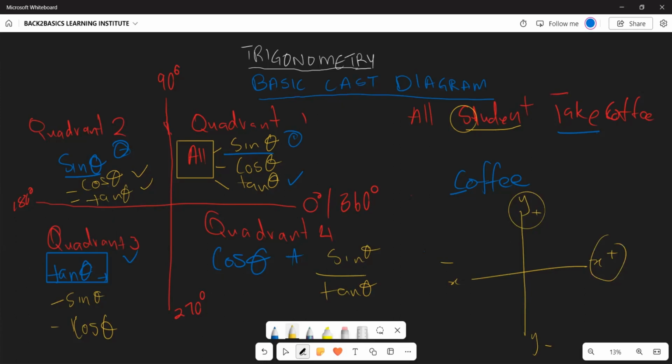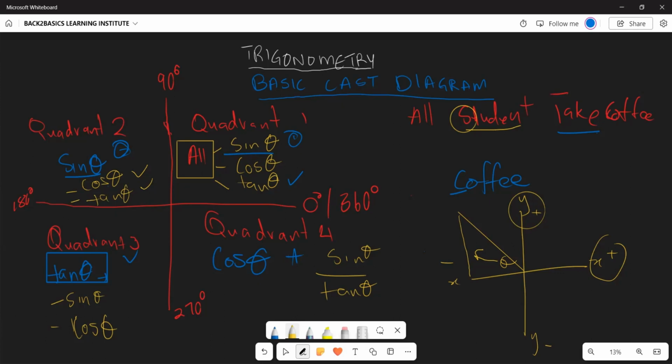But now, if you find the ratio for sine in this quadrant, sine is going to be given by what? Let's say this is your theta. Sine is opposite, and your opposite is which side?